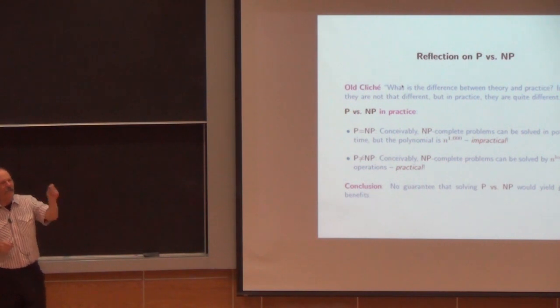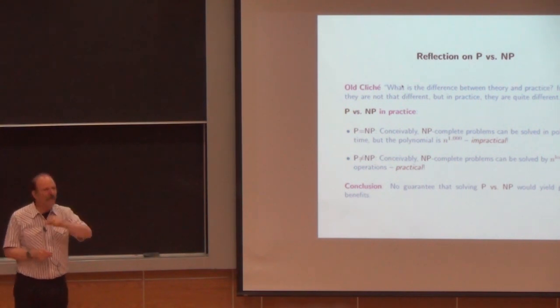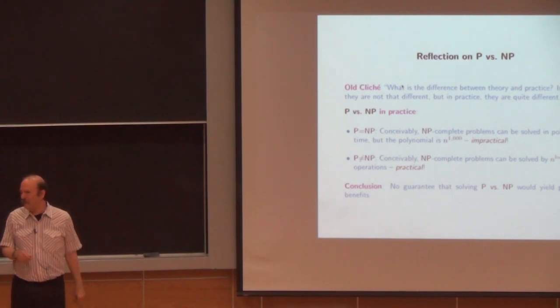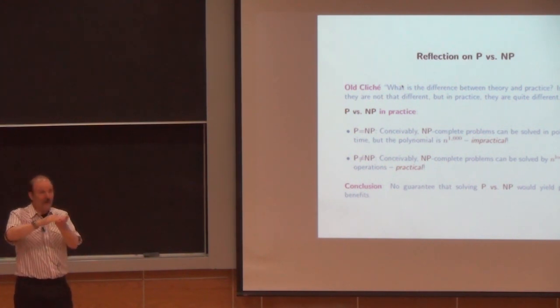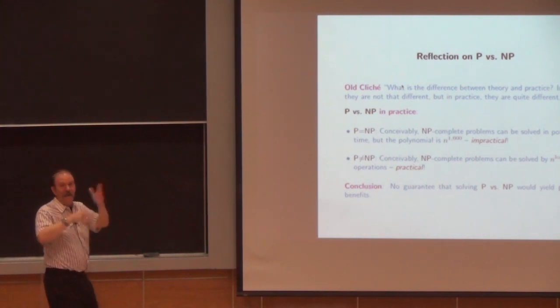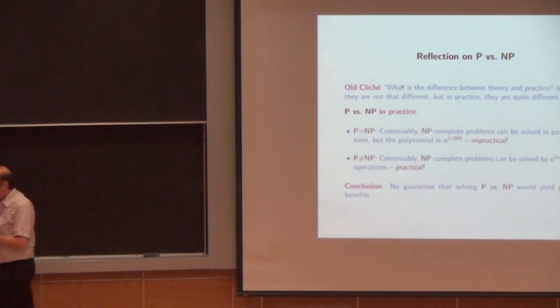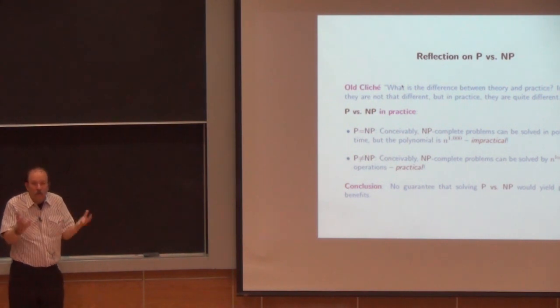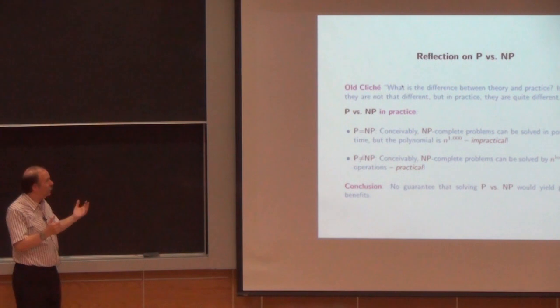He said, there's no number in the universe. There's no physical number. If you take 2 logs, you get something which is bigger than 50, right? Because this is 2 to the 2 to the 50. That's a very, very, very large number, bigger than any number in the universe. And so an n to the log n algorithm is not polynomial, but it may be incredibly practical. So that means that both positive and negative solutions to P versus NP may not give us any practical implication. We don't know that.